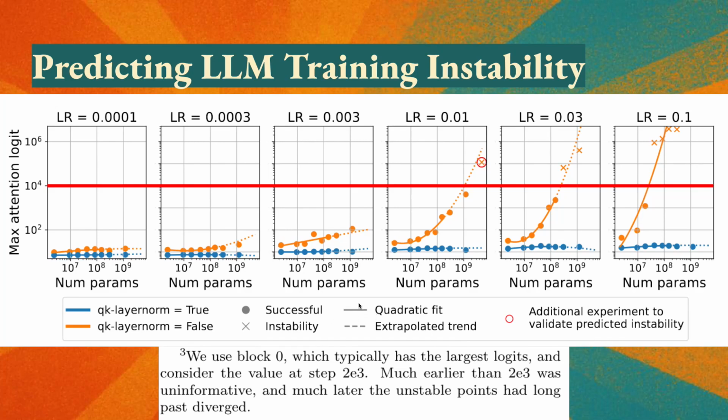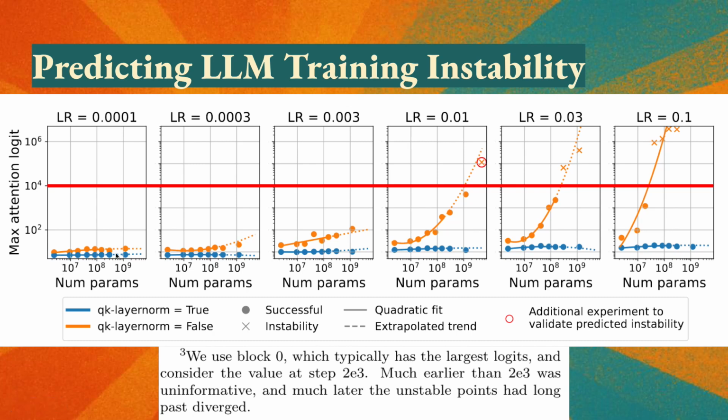The solid lines are quadratic fits to the points that have been experimented on. The dashed lines are the extrapolated trends based on those quadratic fits. And then they actually did an additional experiment at a large scale, relatively speaking, to validate the predicted instability. So obviously a lot to unpack. Let's start with what we do know, which is that QK-layernorm does help.